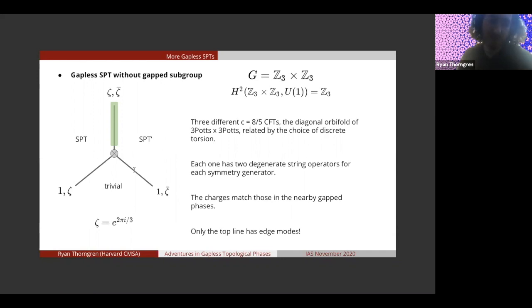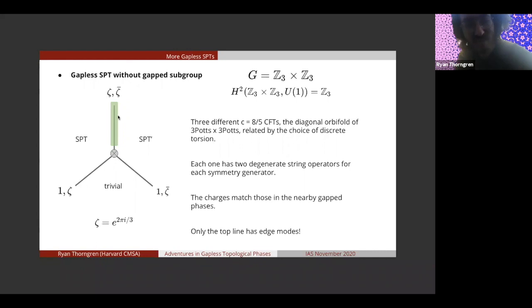And it turns out that we're always going to have a degeneracy at these kinds of SPT transitions, where there's going to be the string order parameter here and the string order parameter here that has a different charge, and they're going to become degenerate. They're going to both be algebraic here, so they're going from being ordered to disordered in both cases. It happens symmetrically at the transition. So along this line, for instance, there's a twofold degeneracy among all of the string operators. There's a string operator of trivial charge, and then there's a string operator of non-trivial charge.